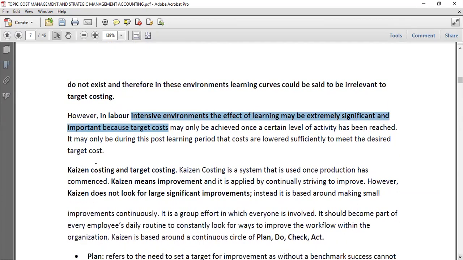The other model we're comparing with target costing is Kaizen costing. Kaizen costing is one of those models under the strategic management costing system.